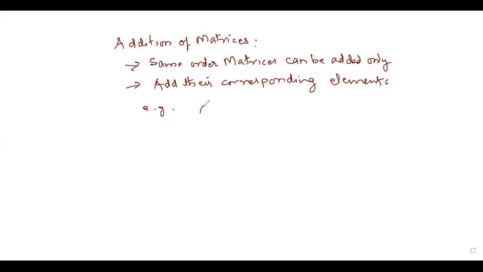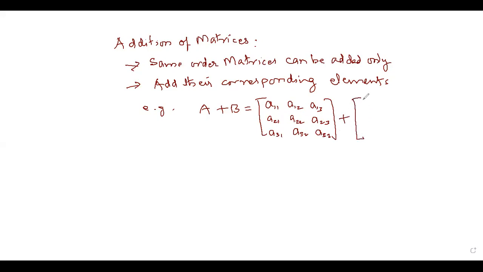For example, A plus B. Suppose matrix A of order 3 by 3 has elements A11, A12, A13, A21, A22, A23, A31, A32, A33, and matrix B also has the same order 3 by 3, with elements B11, B12, B13, B21, B22, B23, B31, B32, B33.